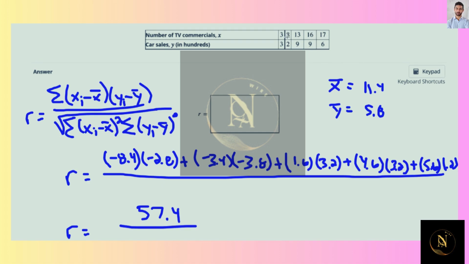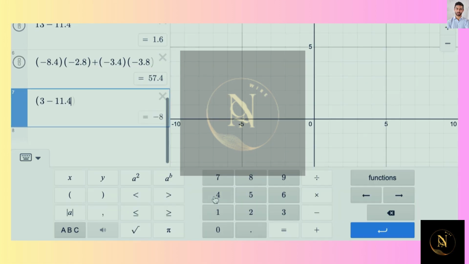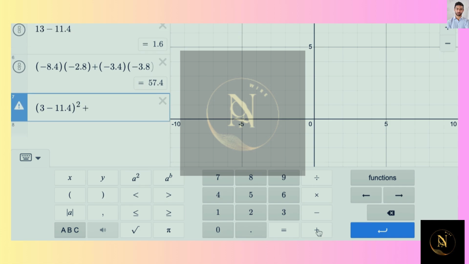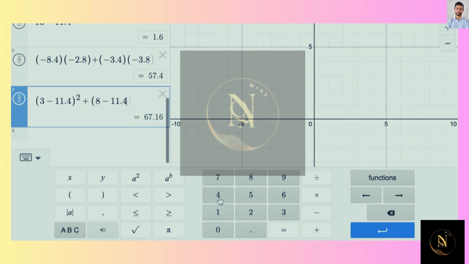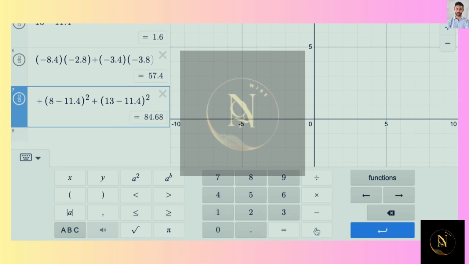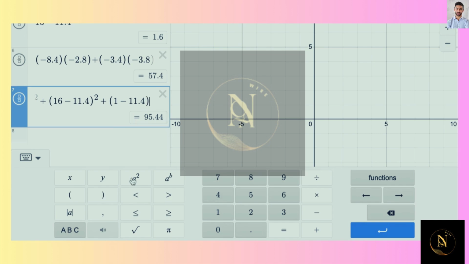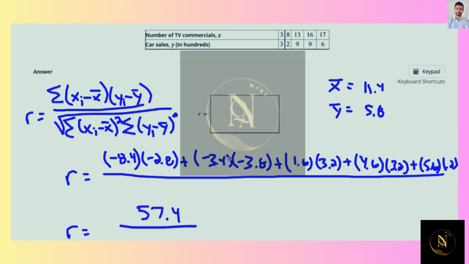I'm going to go right to a calculator here: 3 minus 11.4 squared plus 8 minus 11.4 squared plus 13 minus 11.4 squared plus 16 minus 11.4 squared plus 17 minus 11.4 squared. We get 137.2 as their sum.